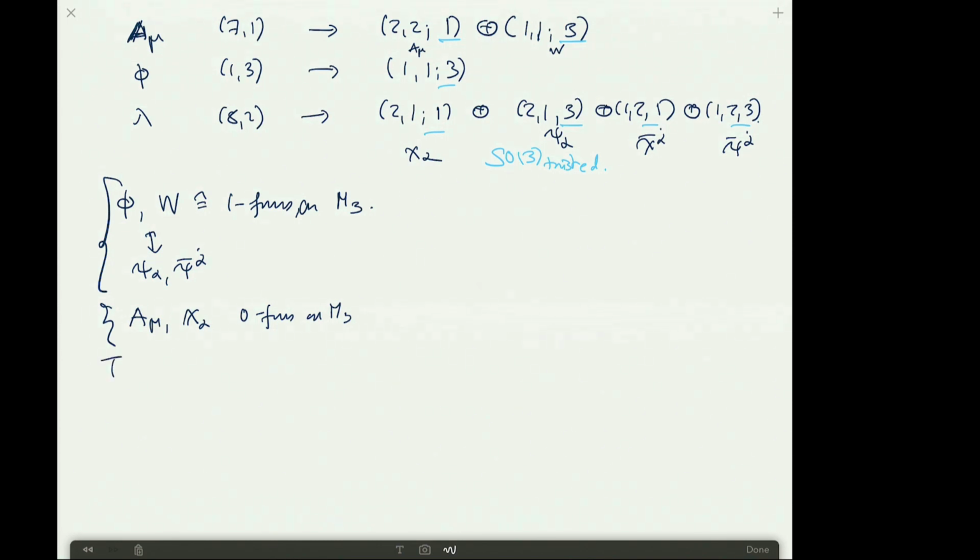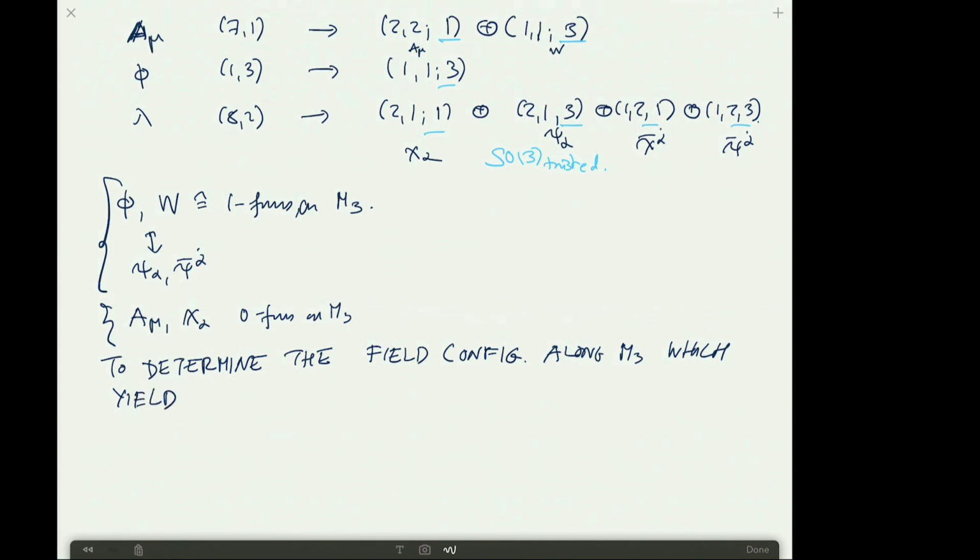So to determine the field configurations along M3 which yield N=1, we have to look at the BPS equations along M3.